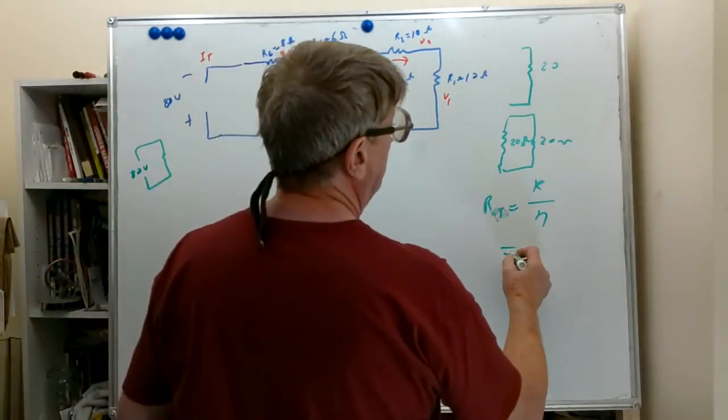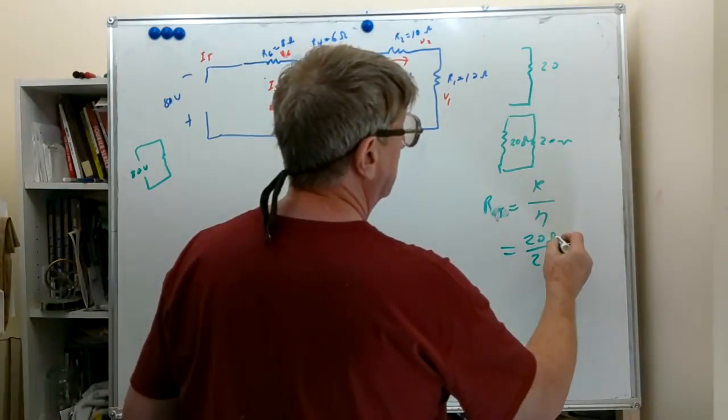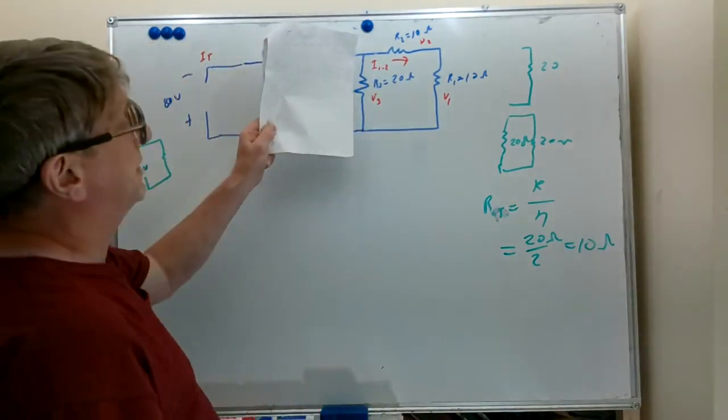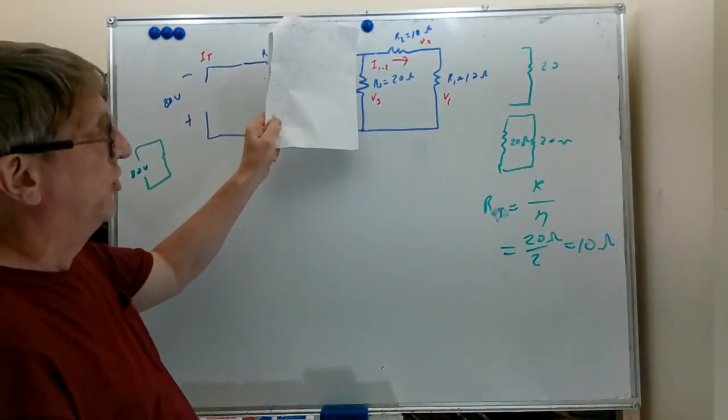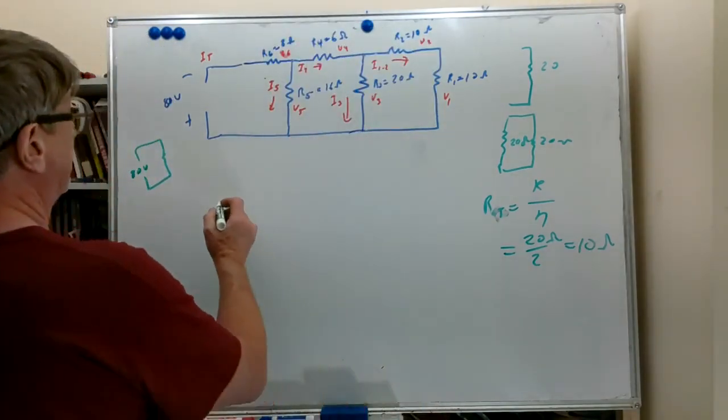Well, we have here 20 ohms divided by 2, which is going to be 10 ohms. So we can replace that whole thing with a single 10 ohm resistor. So we're going to redraw this circuit that way.